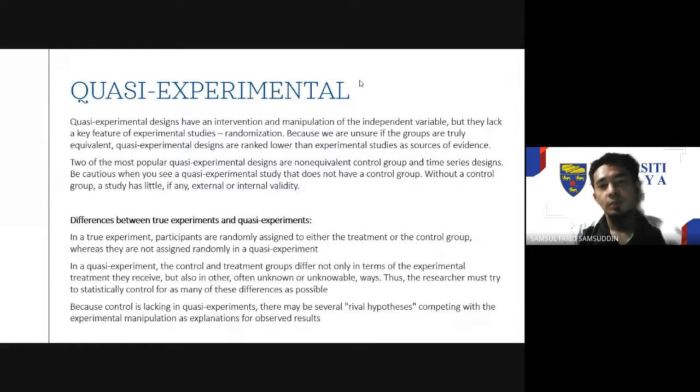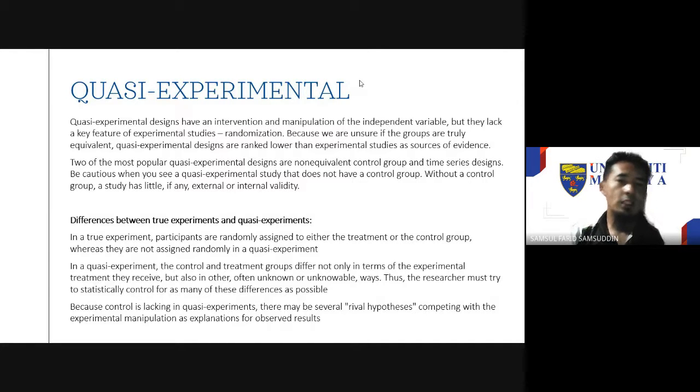So quasi-experimental designs have an intervention and manipulation of the independent variable, but they lack a key feature of experimental studies. These two of the most popular quasi-experimental designs are non-equivalent control group and time series design. I will not go through this. Maybe you could have more reading for these two types of quasi-experimental design.